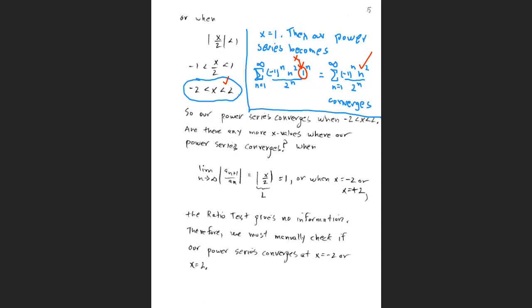All right, now we know that the series converges for all x values between -2 and 2. Are there any more x values where our power series converges? I mean, we have the whole number line, all the x values from -infinity to infinity.